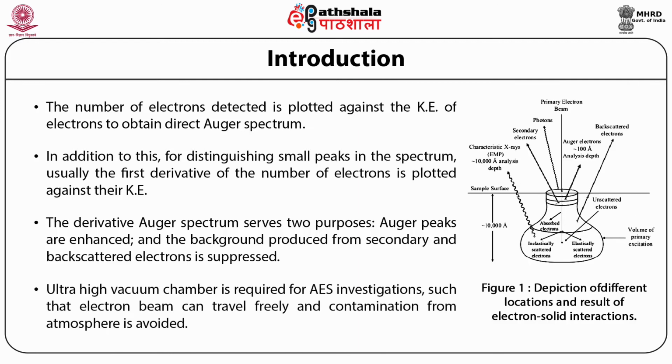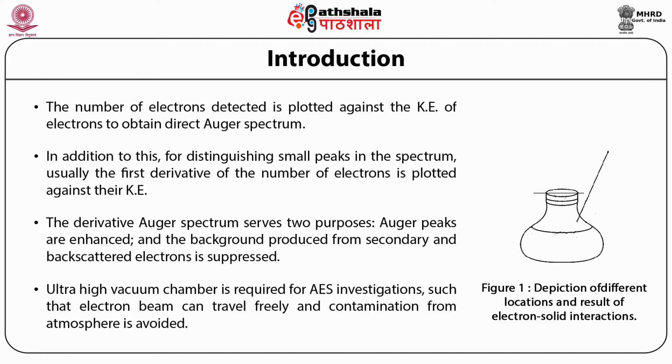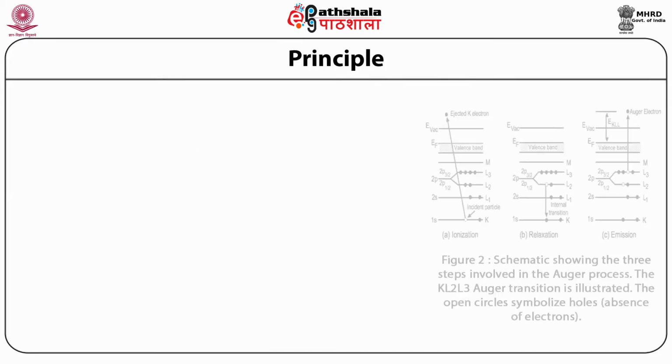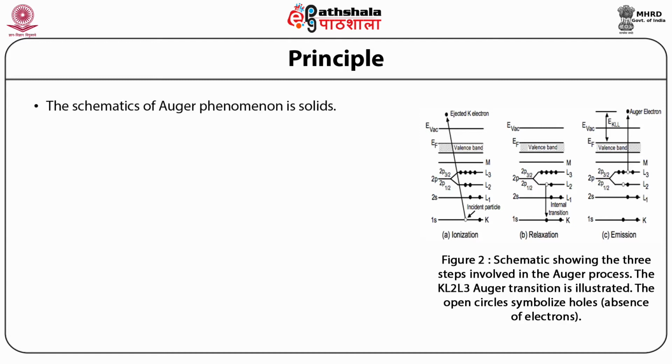An ultra high vacuum chamber is required for AES investigations, such that the electron beam can travel freely and contamination from the atmosphere is avoided. Principle: Figure 2 depicts the schematic of Auger phenomena in solids.